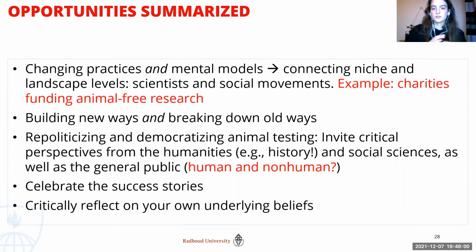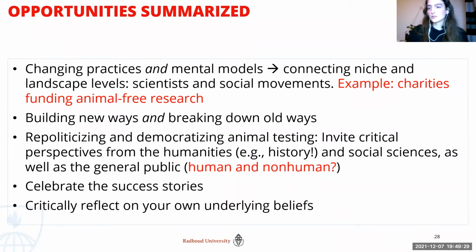Both from the niche level and the landscape level you can put pressure and ideas towards the regime about change. You could say that individual scientists are more on the changing practice level, trying to develop innovations. And then you have social movements and citizens in general at the landscape level.